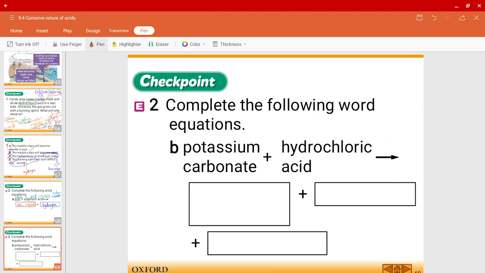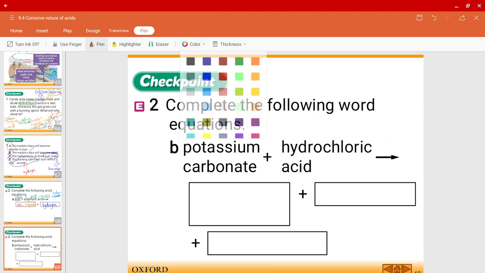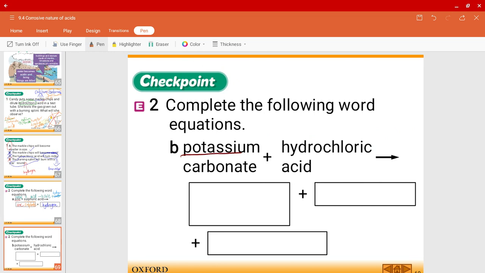All right, this should be the last one. Complete the following word equation. You have potassium carbonate plus hydrochloric acid. So it's just like question 1. For the salt, you get the first name of the carbonate, which is potassium.